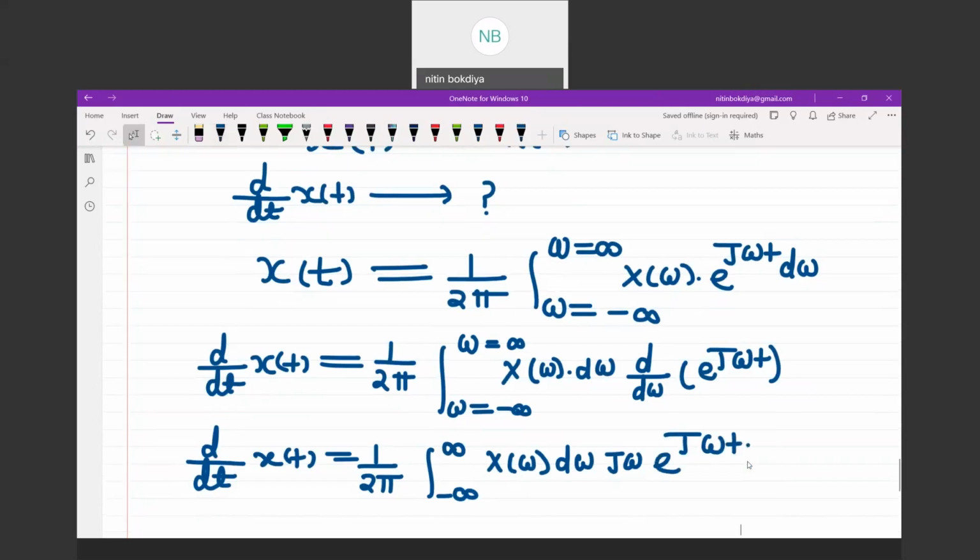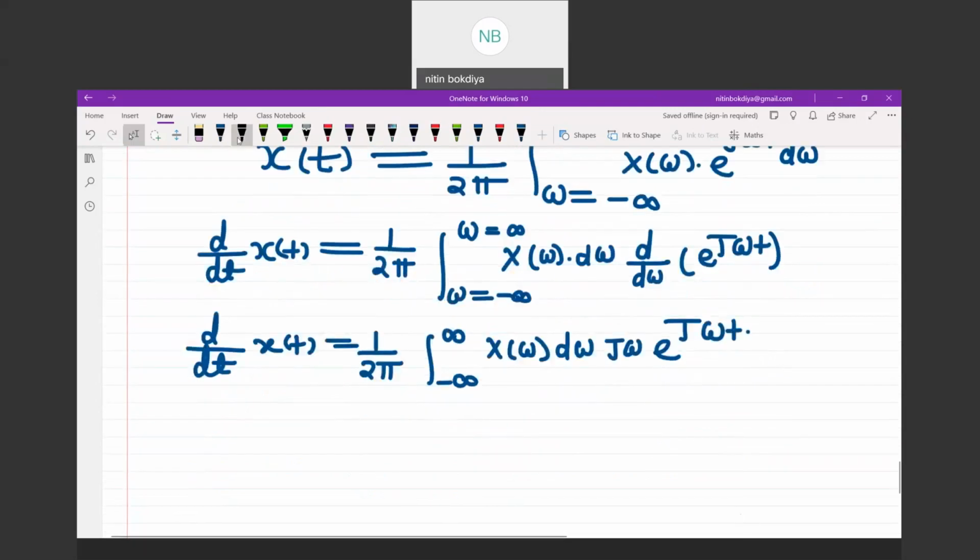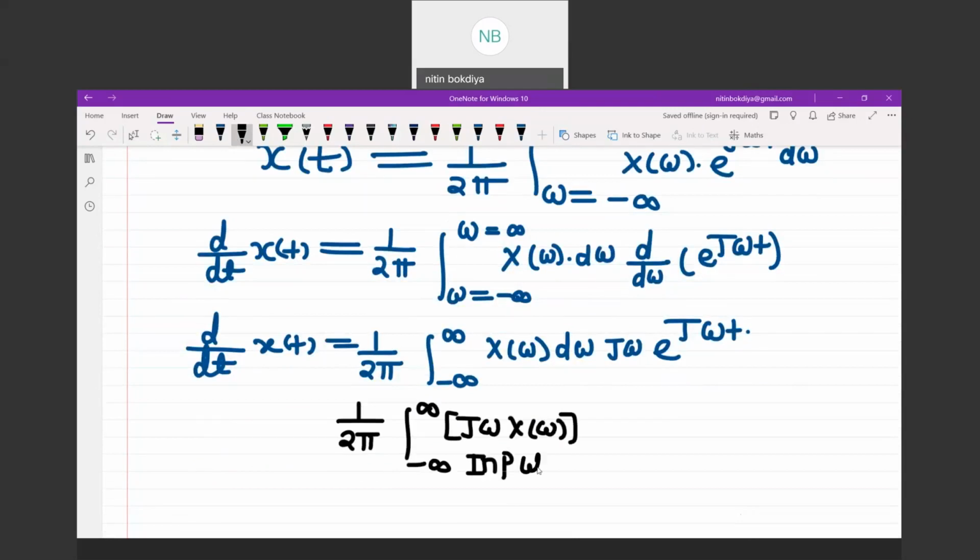And can I say this is nothing but, right? I can say this is 1 over 2 pi integral over minus infinity to infinity j omega x of omega. This is now the input into e to the power j omega t into d omega.